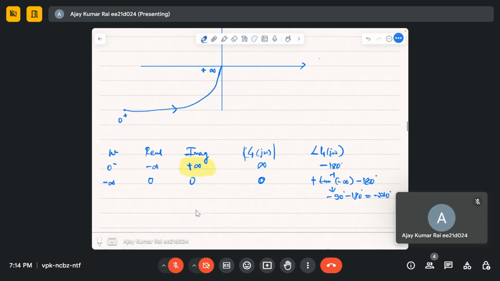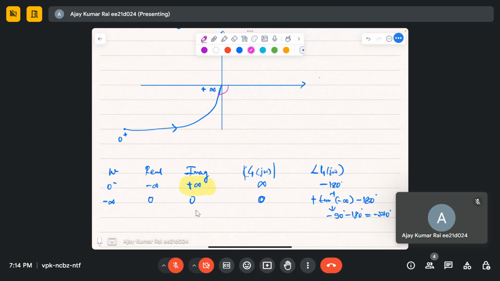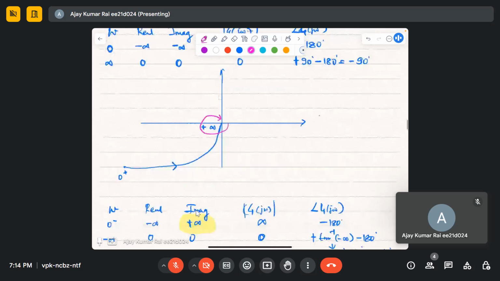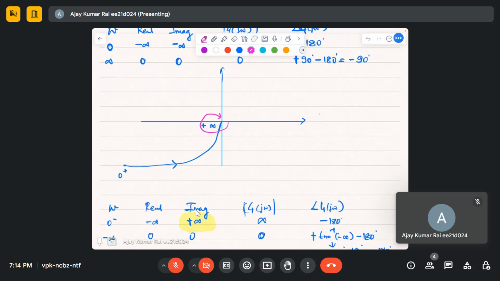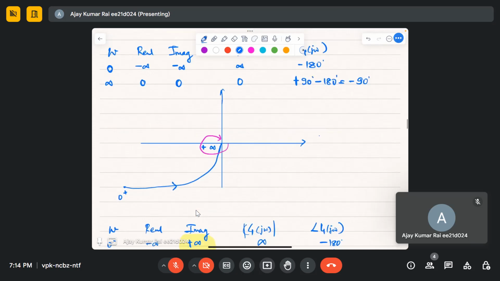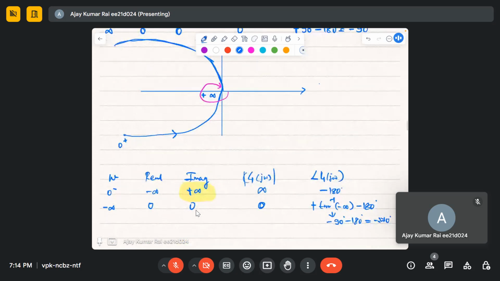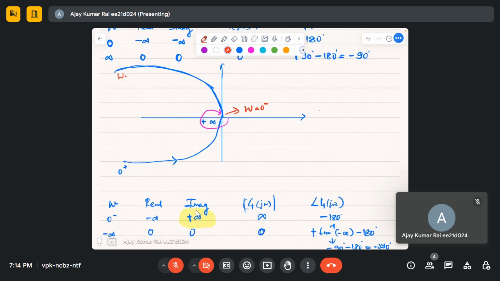So minus 270 degree is this. Okay, so it will start from minus 270 degree, and at 0, it will go to, it is going here.